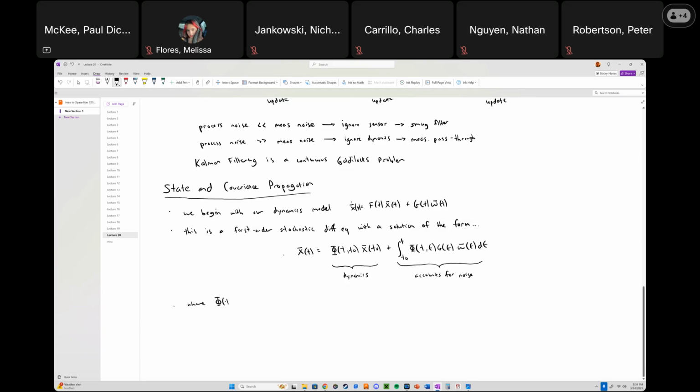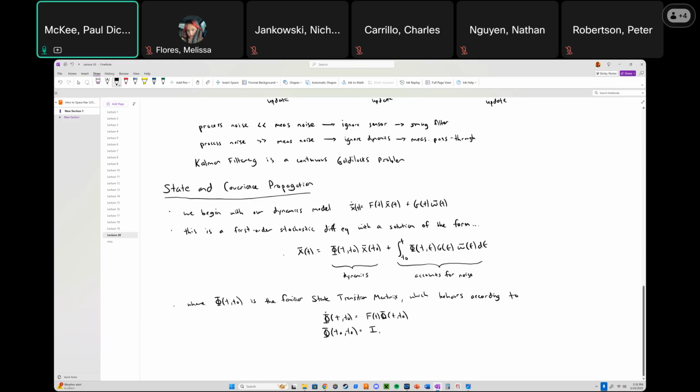Where phi from t naught to t is the familiar state transition matrix, which, as a reminder, behaves according to phi dot from t naught to t is f of t phi from t naught to t, and phi from any time to itself is just the identity matrix, n by n.